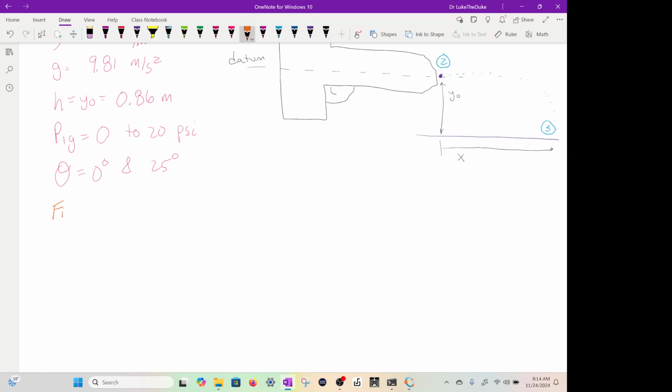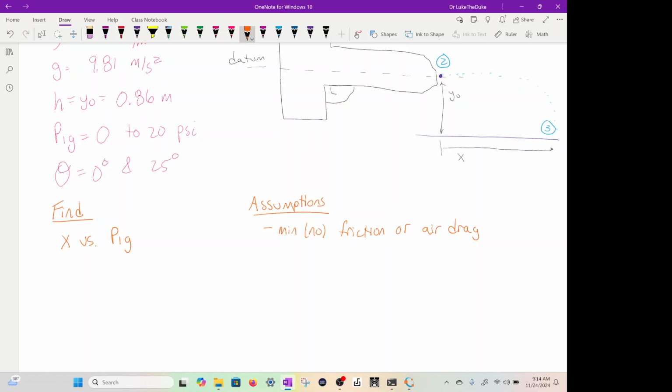All right. We're going to find X versus P1 gauge. Let me put some assumptions right here. So minimal or pretty much no friction or air drag. And we're going to treat the water like a projectile going out of the squirt gun.